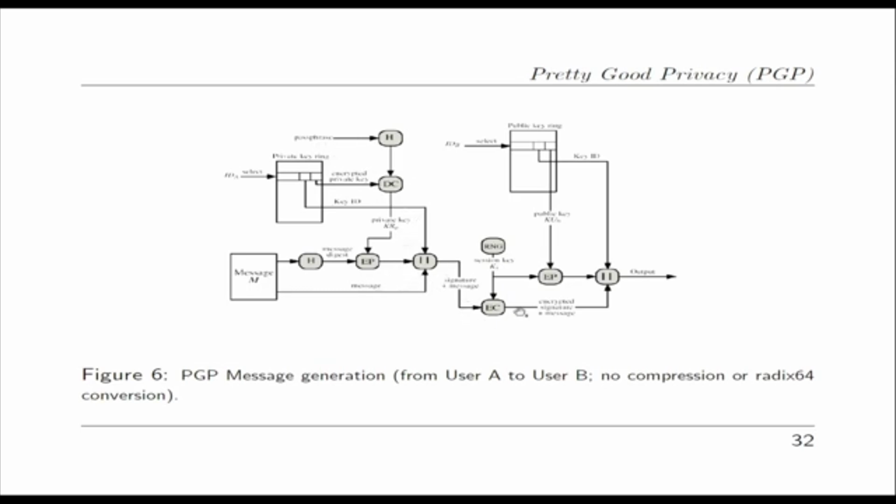After encrypting, we send it to the receiver B, and B does the same thing. B has the public key ring. From there, using the ID of B, it gets the public key and does the same process. So this is the encrypted signature plus the message, and then we produce the output. So this is the general message generation of PGP.